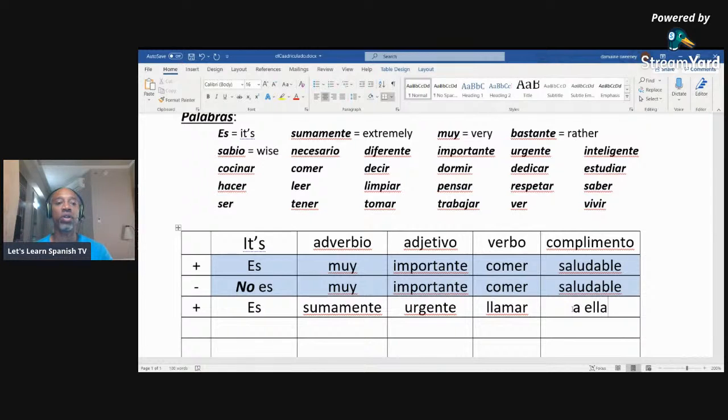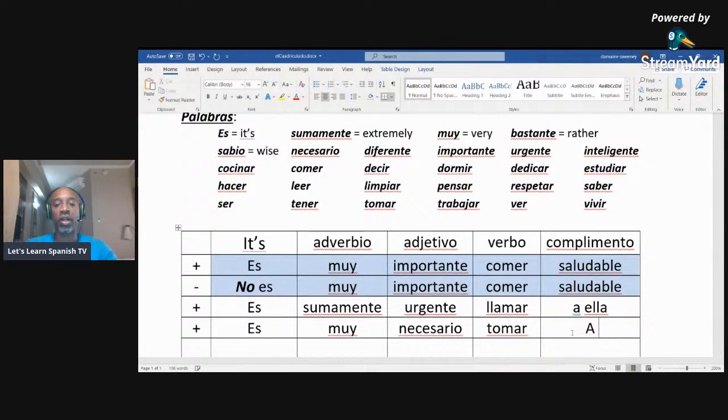Okay, let's do another positive. So we're going to start off with es. Let's make it easy this time. Muy necesario, let's see, tomar, and put something in there.